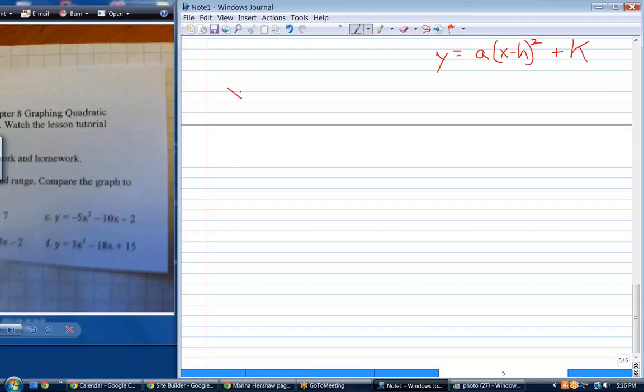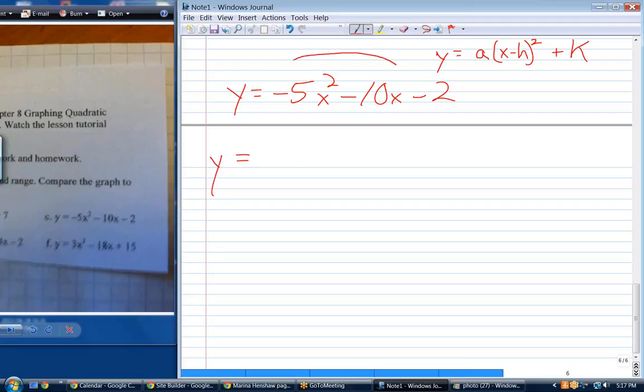And here's what we're starting with. Y equals minus 5x squared minus 10x minus 2. What's the first step? How are we going to do it? We're going to complete the square. What's the first step in completing the square here? And remember, we're only going to work with that part of it for the moment.